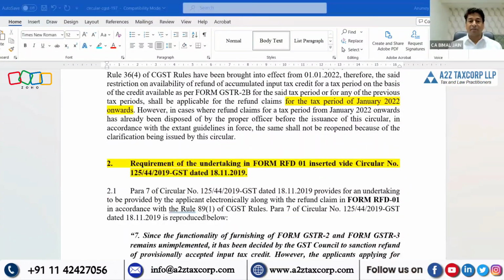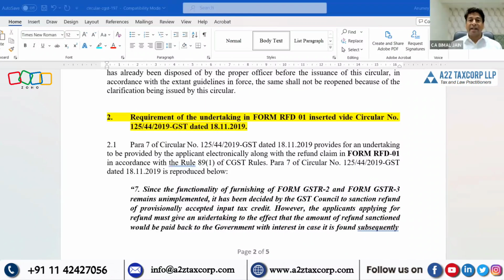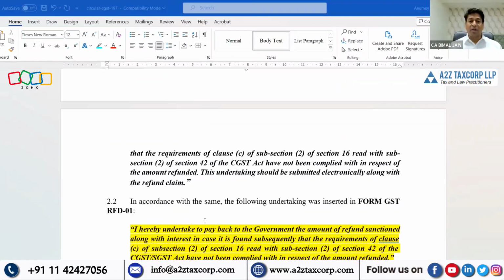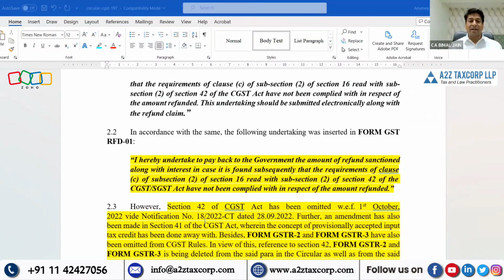Second clarification. There is an undertaking you need to file for filing your refund claim. So the requirement of undertaking in form number RFD01. You're filing an undertaking, and as per that circular, we have to say, yes, I hereby undertake.